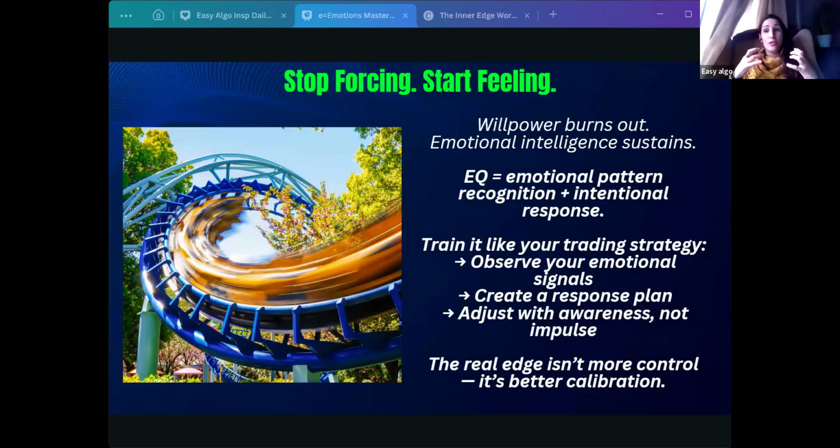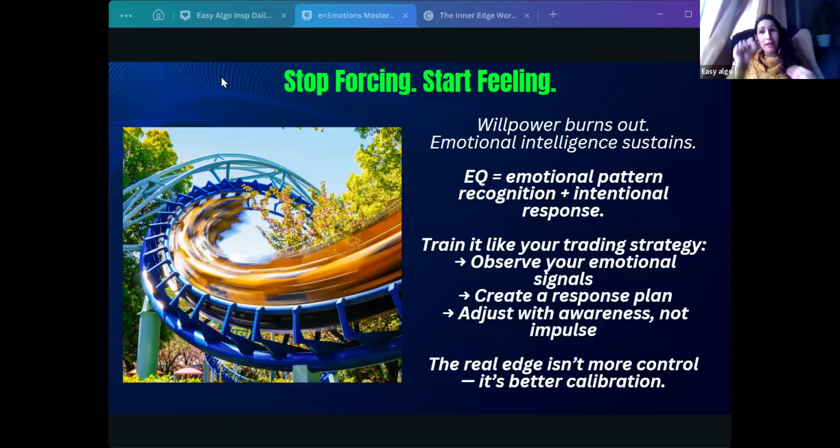I want you guys to loosen up, soften, okay? This is about emotional regulation, self-soothing. We are not going to use force and willpower to move through emotion. That's not going to happen, okay? We're going to use emotional intelligence to move with that emotion, to move through it.